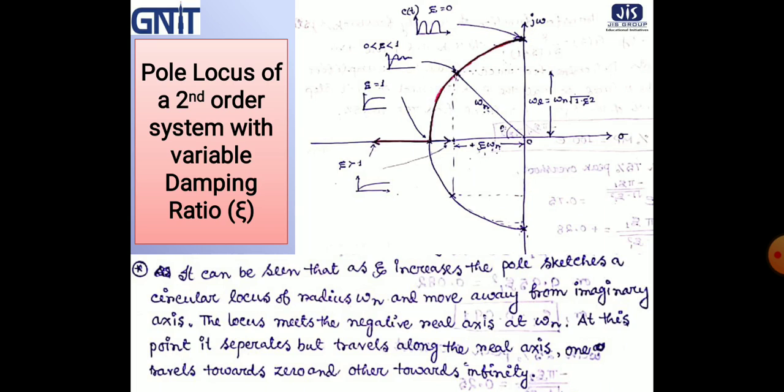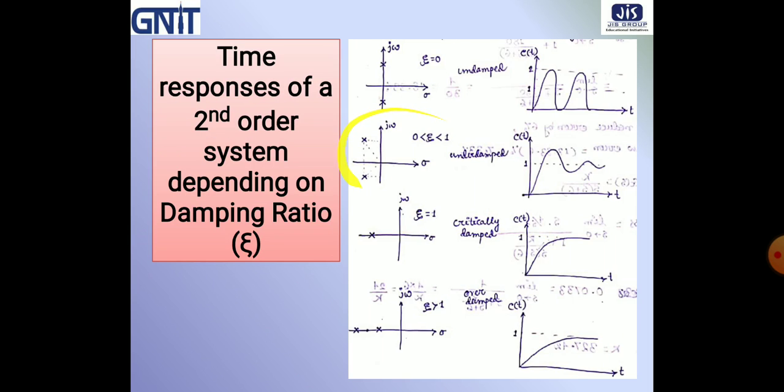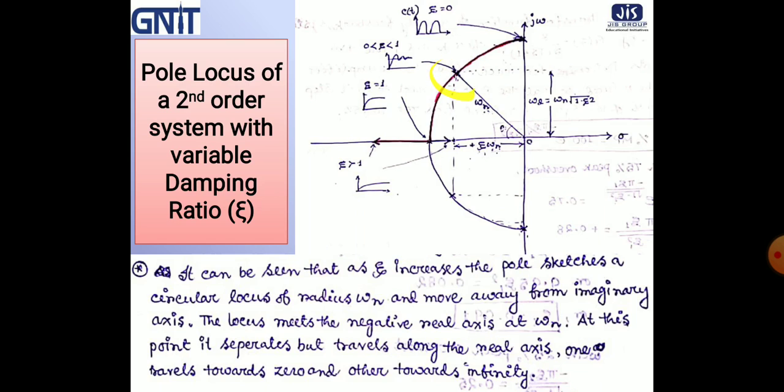Now if we increase the value of zeta, that means zeta greater than 0 but less than 1, the underdamped case, then the poles will be here, complex conjugate with negative real part. So here is a pole and here is a pole.